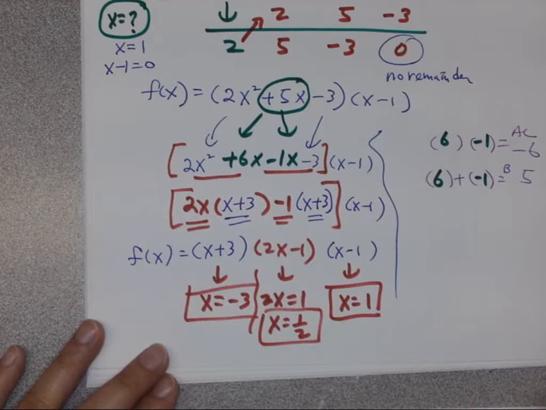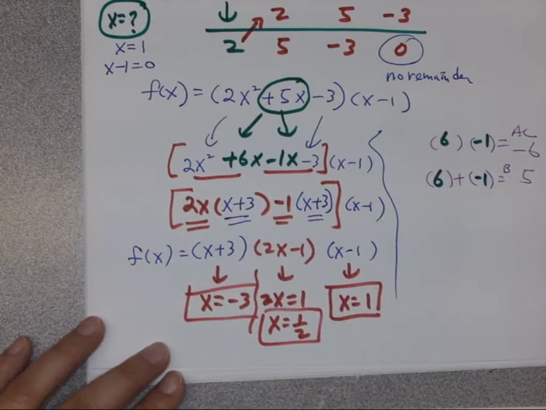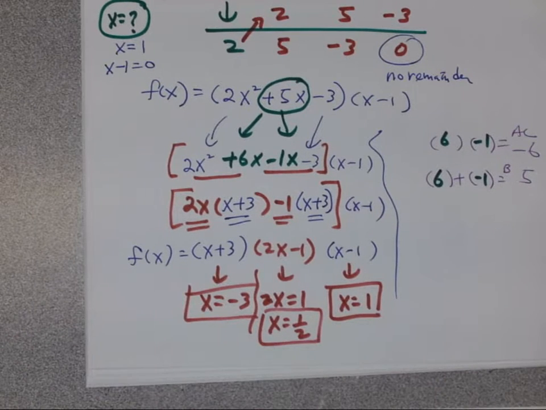Even though 1 was given to you. Because this is degree 3, so you should end up with 3 answers, up to if they're real solutions. Any question on that? So if they give you 1 zero, to find the rest of it for degree 3, you divide, and then you can factor or use quadratic formula.